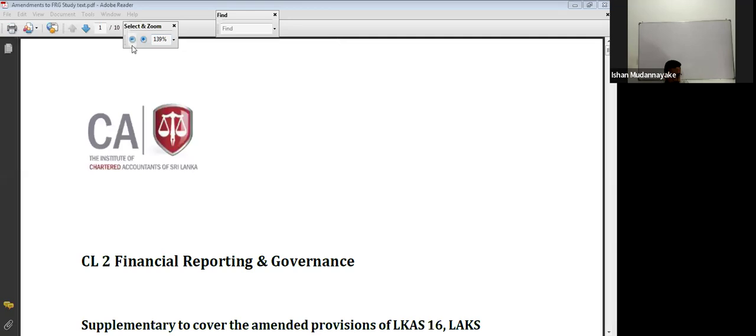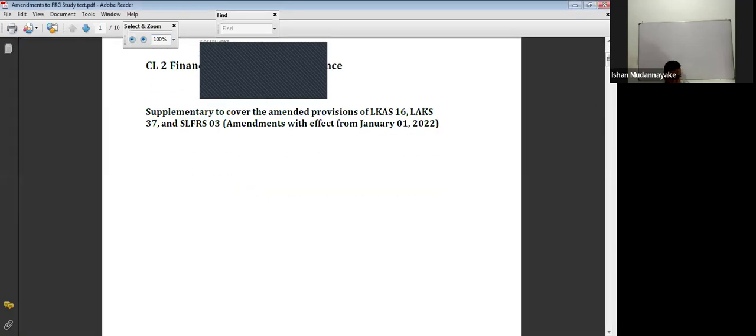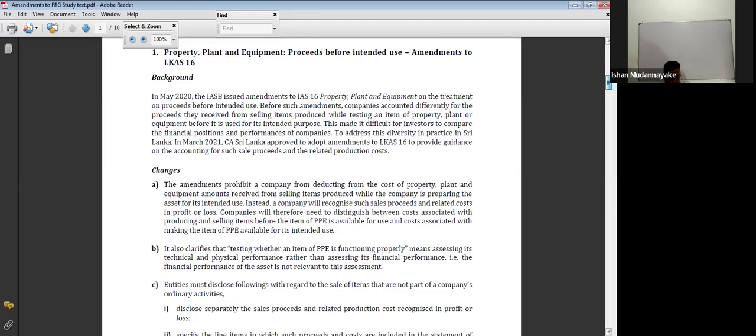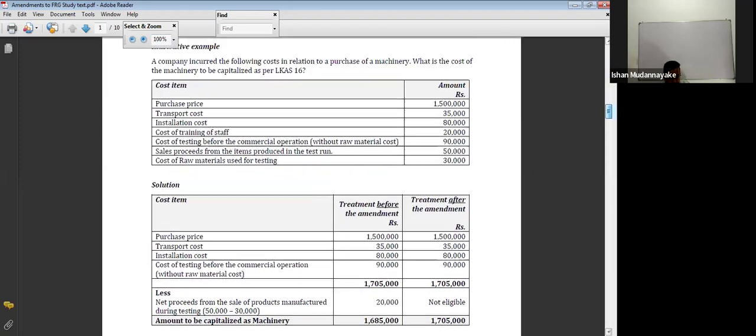Treatment before the amendment: net proceeds from the sale of products manufactured during testing, 50,000.